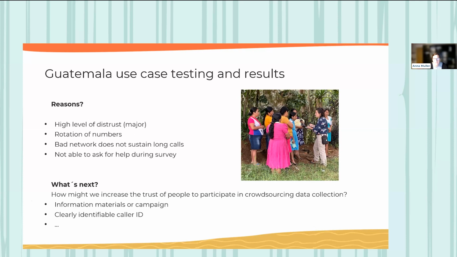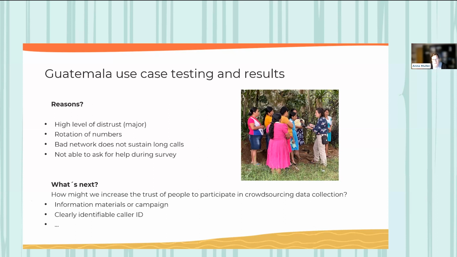We also saw that people, maybe due to this violence issue, but maybe also for other reasons, are rotating their phones at a very high frequency. So we couldn't really manage to have a good database for calls. And the bad network quality, which is typical in rural areas, was also affecting the ability to stay in long calls.